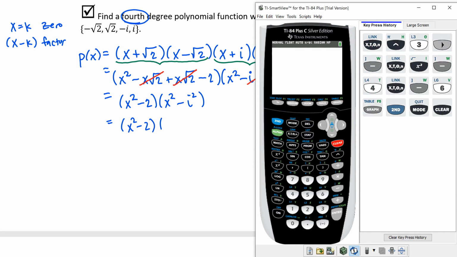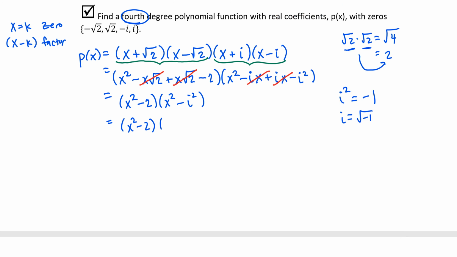If you did forget that important tidbit, i is above the decimal, so type in second decimal i and square it and you get negative 1, okay? So I'm going to replace anytime I see an i squared with negative 1. That gives me a double negative in that second set of parentheses, so we can call that x squared plus 1. Okay guys, we got one more round of FOIL.